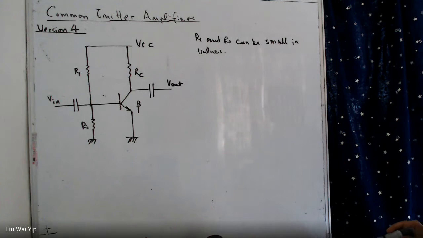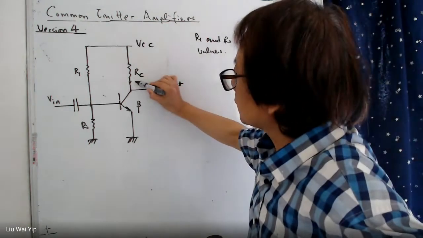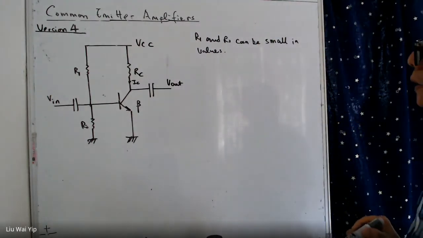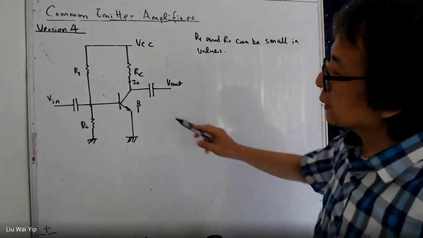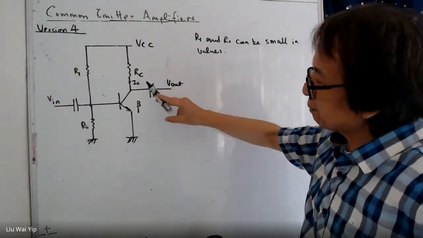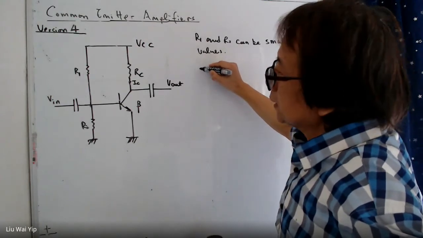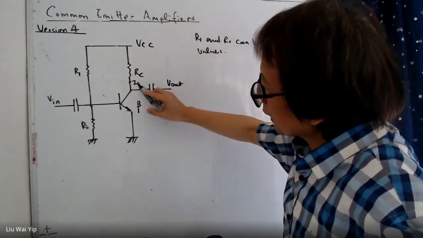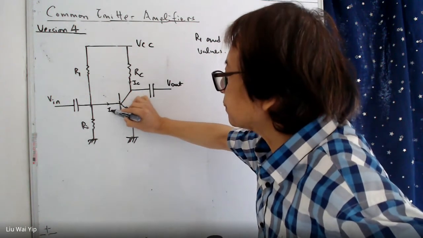The first thing that we need is to calculate IC. And we can do that through the so-called DC biasing step. So first thing is to calculate IC. In order to calculate IC, you can calculate IB.